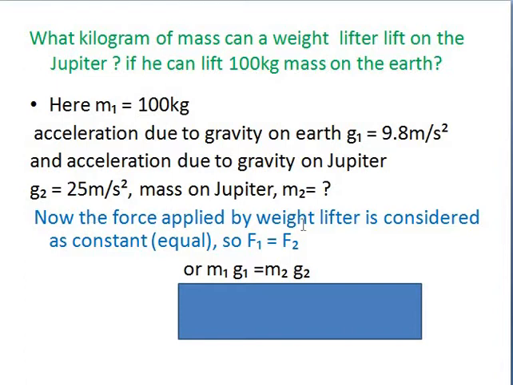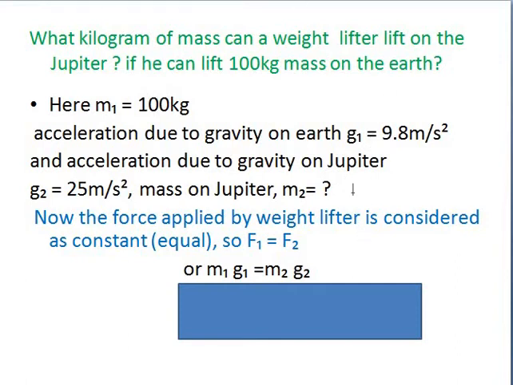So look at it. The force applied by the weightlifter is considered as a constant. So the force applied by the man on the Earth is the same on Jupiter also. So we have F1 equal to F2. We have the formula F equal to mg.